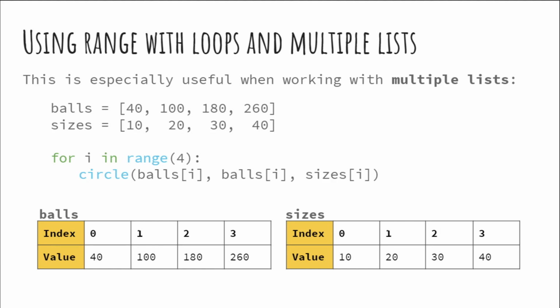So you can see we have here for I in range 4, circle balls at I, sizes at I. So that will start with 0, and so it'll do circle balls at 0, which is 40, balls at 0, still 40, sizes at 0, which is 10. So that will draw just in from the top left a small circle.